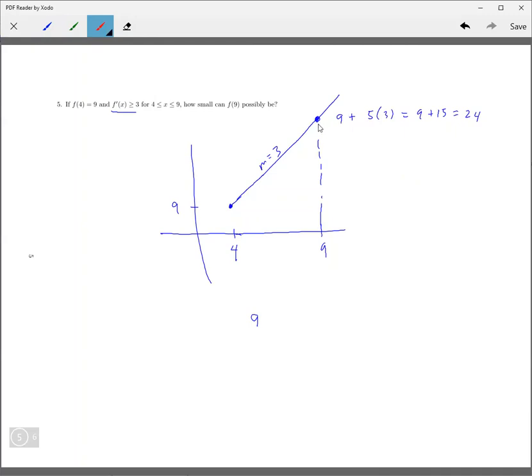Now any point that's lower than 24 on this vertical line will give you a slope that's less than 3. And that would contradict this, because there would have to be some point in here where the derivative is less than 3. But the derivative is always greater than or equal to 3, so that can't happen. So this is the answer: f of 9 has to be greater than or equal to 24.